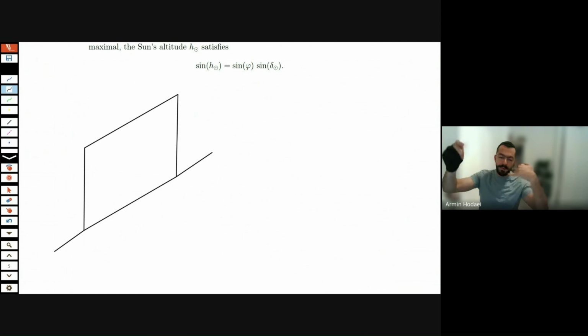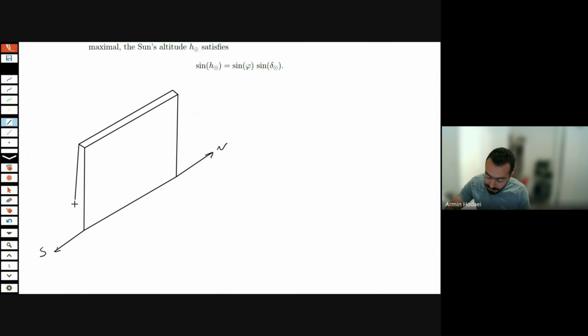oriented towards north and south. So this end goes to the north, this end goes to the south. Let's say this is the wall.